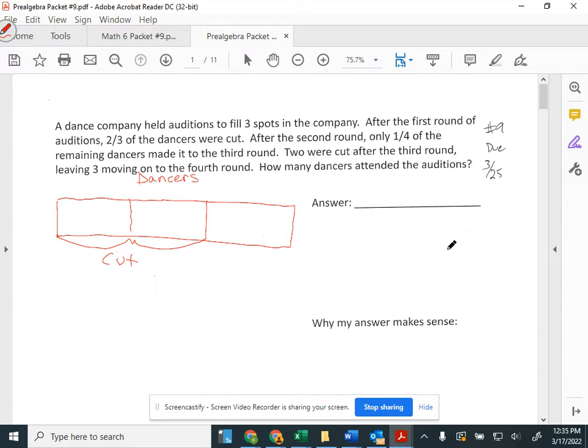Okay. So our next line says, after the second round, only 1/4 of the remaining dancers made it to the third round. So these were my remaining dancers in this unit right here. And 1/4 of them move on. So what do I want to do to that unit? Leah? Split it into 4s.